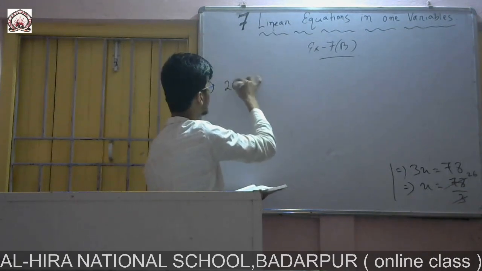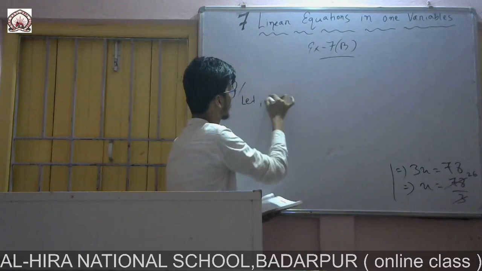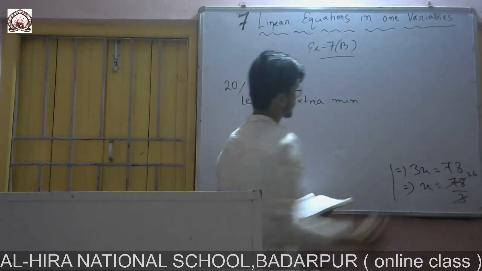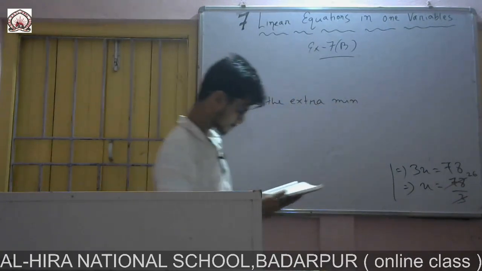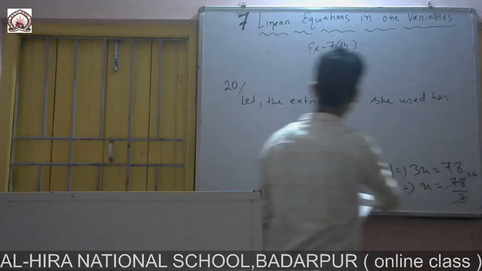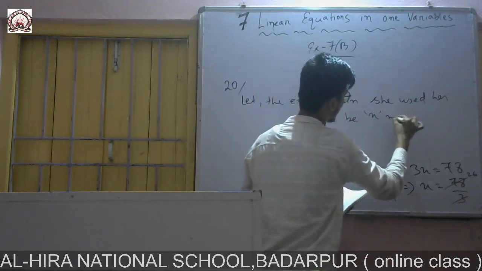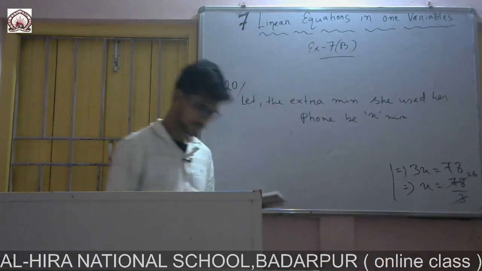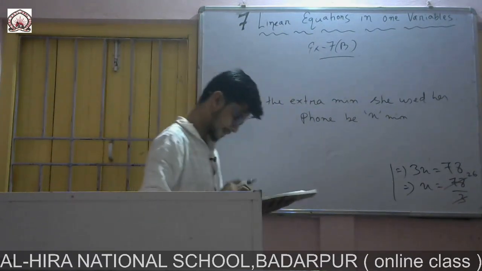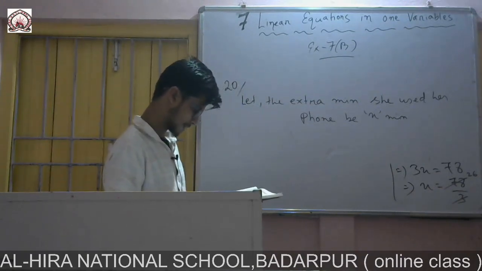Okay, question number 20, you write: let the extra minutes she used her phone be x minutes. We don't know how many minutes she talked extra. And you write, for her mobile phone service, Divya pays 145 per month.